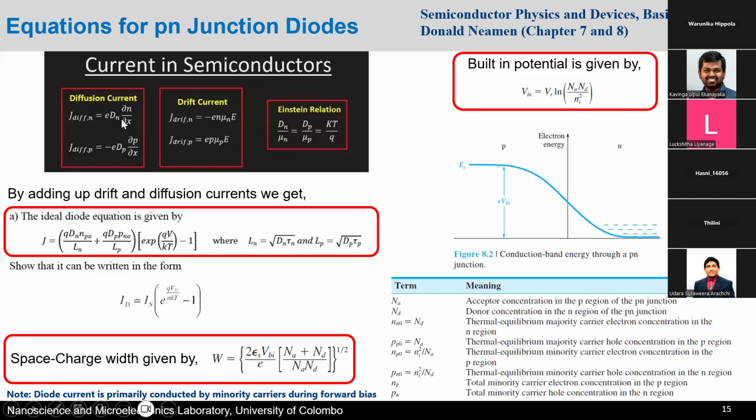So if you write the equations for the diffusion current and also for the drift current for the electrons, balance it out, and then get the total hole current and electron current, then you end up with this ideal diode equation, right?